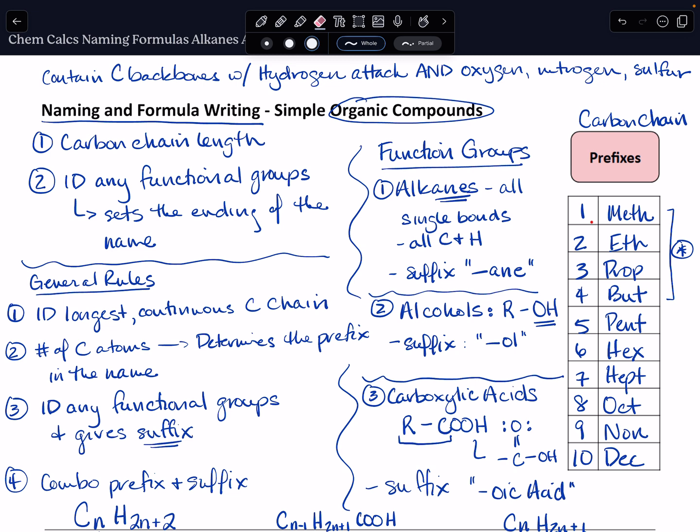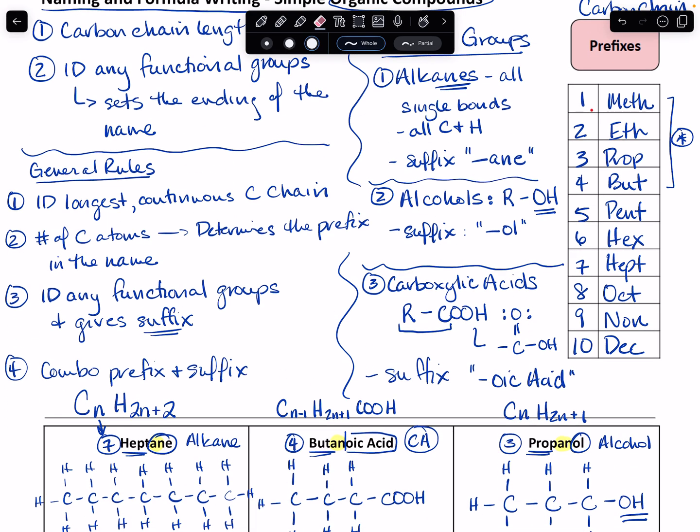All right. We're going to then look to see if there are any functional groups in that formula. If it's just carbons and hydrogens, it's an alkane. If there's an OH group, it's an alcohol. And if there's a COOH group, that would be a carboxylic acid. All right. And then that functional group determines the suffix of your name.